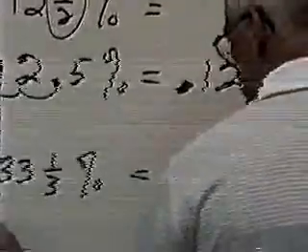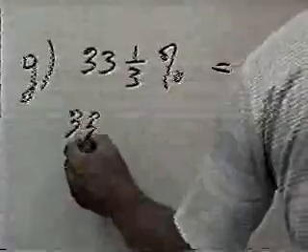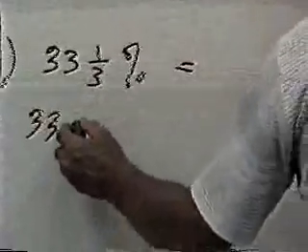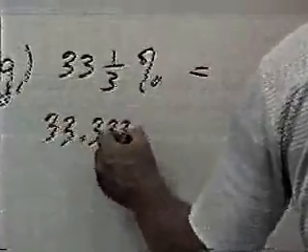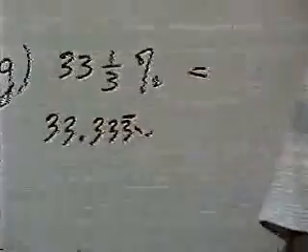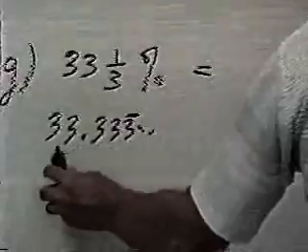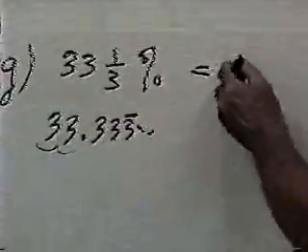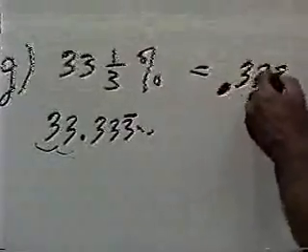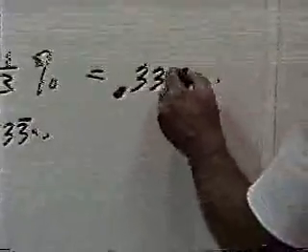All right, now look at G part, 33 1/3 percent. Well, 33 point 1/3 is 0.33333. So if I move the decimal place 2 places, the answer is 0.33333.